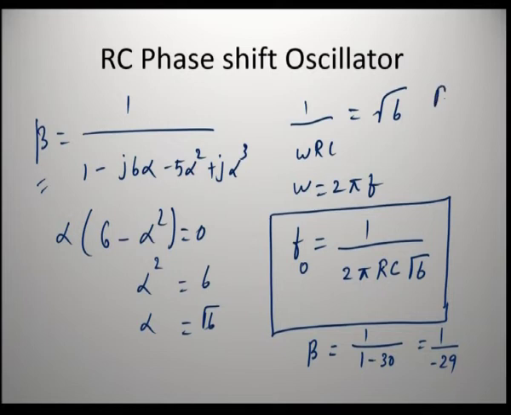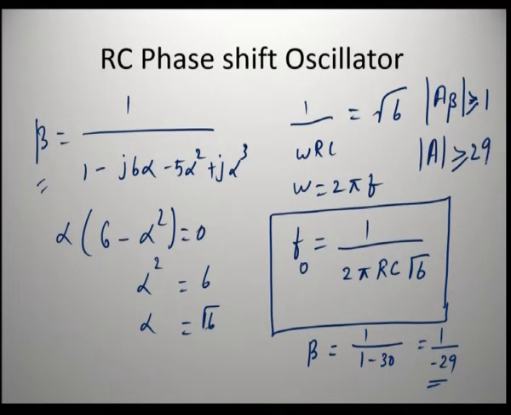And we know that the magnitude of A beta must be greater than or equal to 1. So, if beta is minus 1 by 29, what is the value of A? It is greater than or equal to 29.